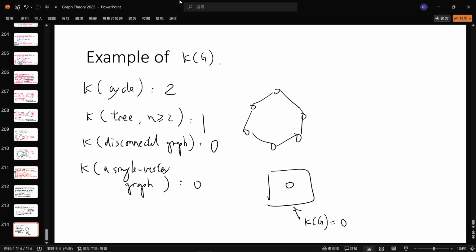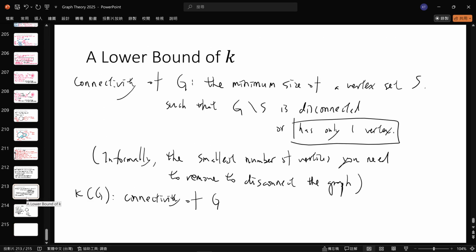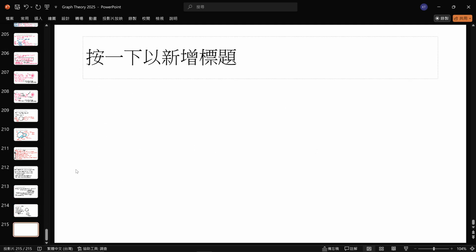Are there any questions? Okay, so back to the previous question, which is to find the lower bound of the number of followers. We just introduced the idea of connectivity, so it should not be too surprising to see that kappa G is actually a lower bound.